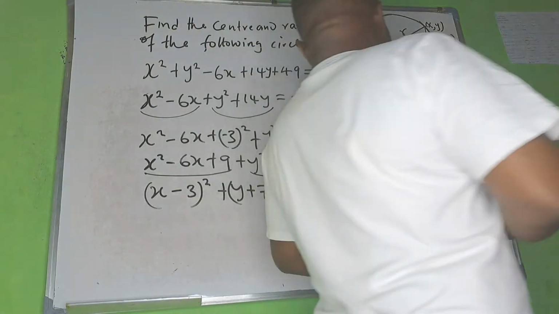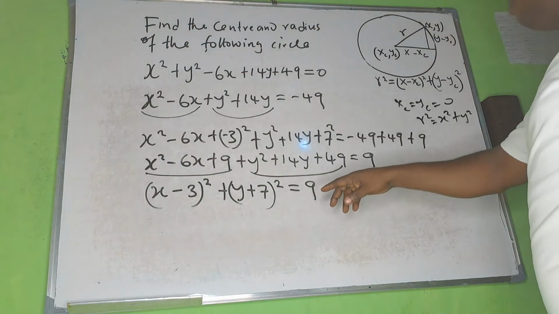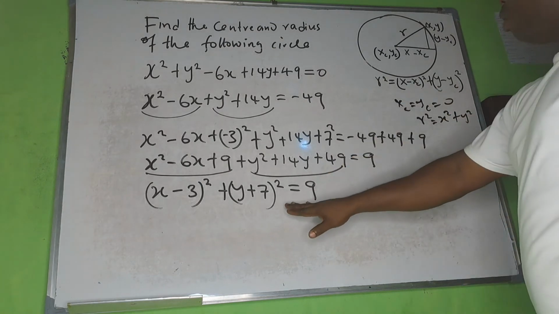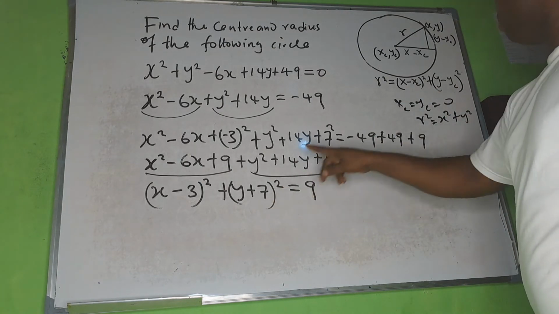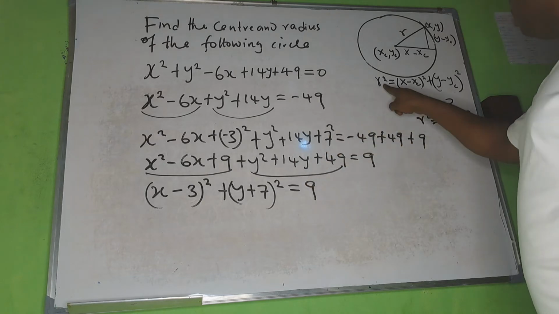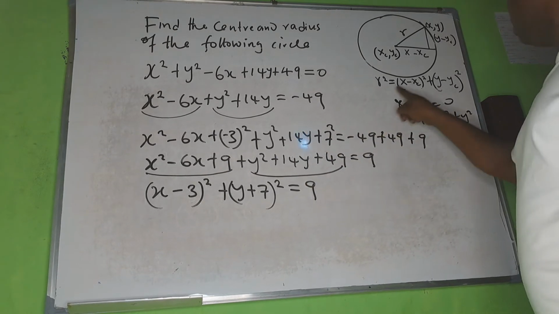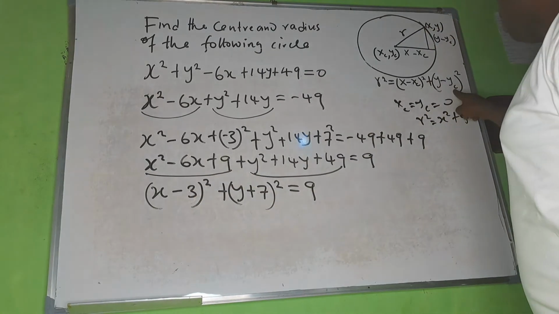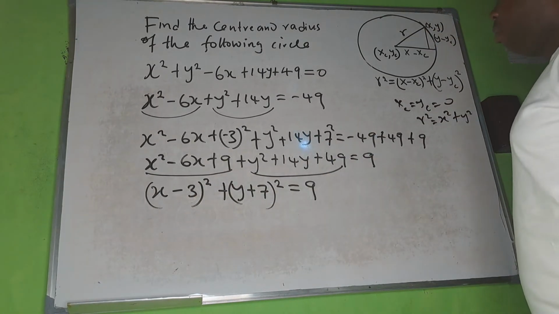Now, evidently, we've gotten something that is similar to this. You can see that. So by comparison, r squared is 9, xc is 3, yc is minus 7.